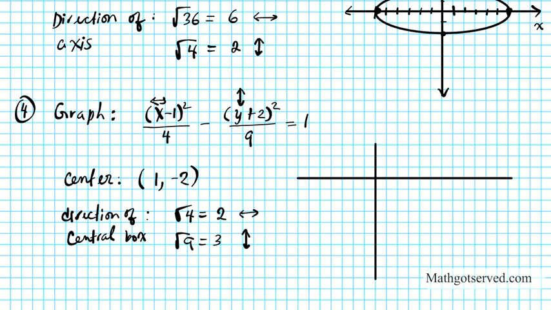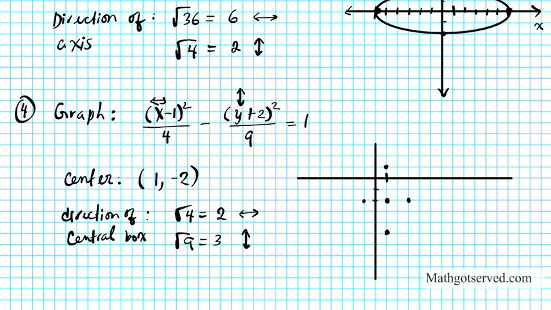Alright, let's graph the point 1, −2. So I'm going to go right 1 and then down 1, 2. So there goes the center. Okay, so we're going to go up and down 3 units. 1, 2, 3. Down 1, 2, 3. And then side to side 2 units. 1, 2. 1, 2.